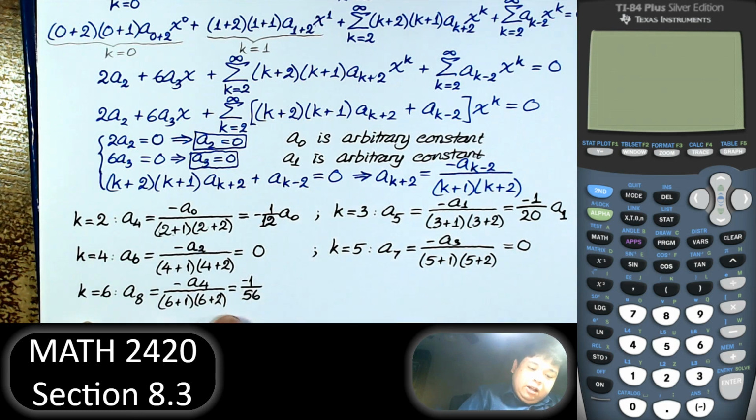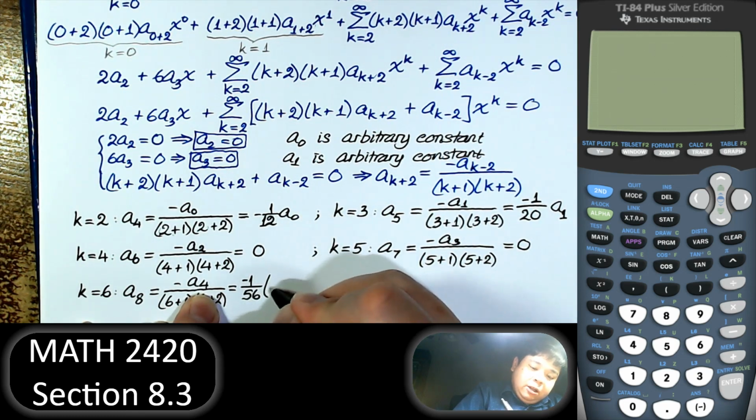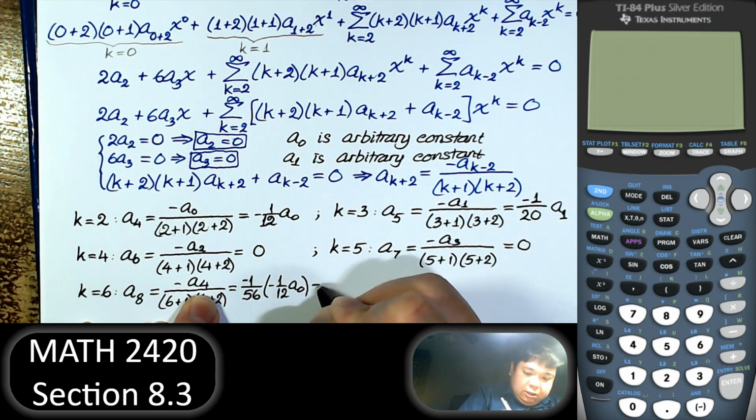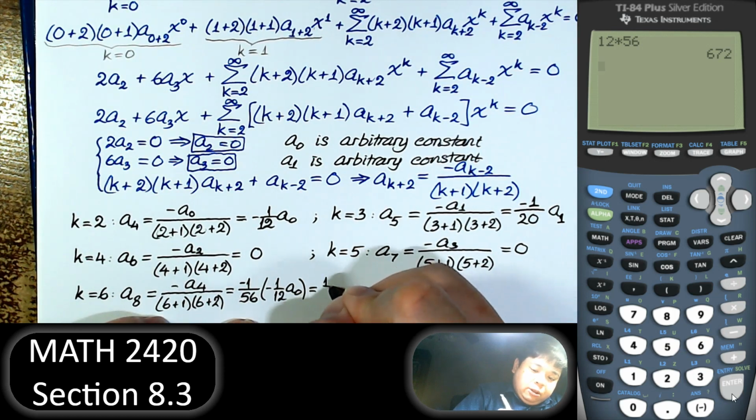Negative times A4. We have A4 is negative 1 over 12 A0. So what is 12 times 56? 672.